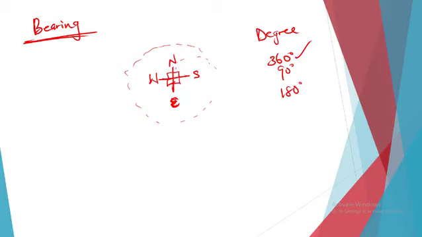If a man starts a journey and moves, let's say, 90 degrees, we start from the north. Whenever we want to measure the movement of a man, we start from the north. This is north, and then we count 90 degrees. This is the point where 90 degrees is met. Then you draw your line, and an angle of 90 degrees is formed.